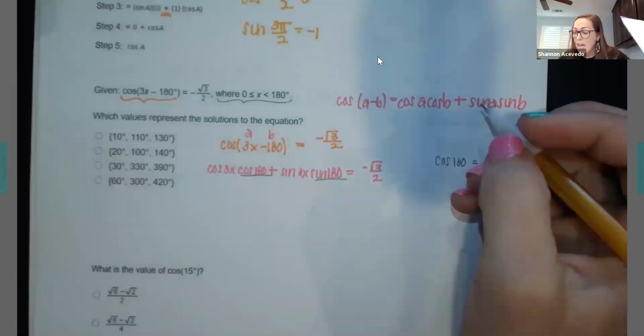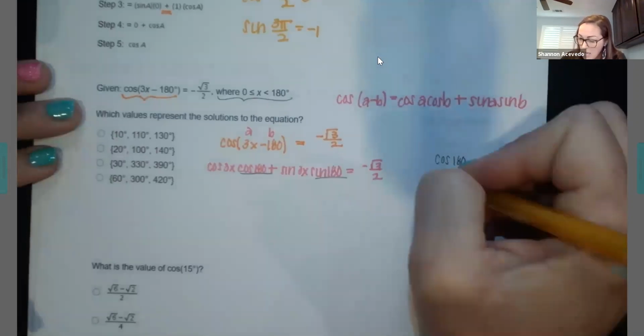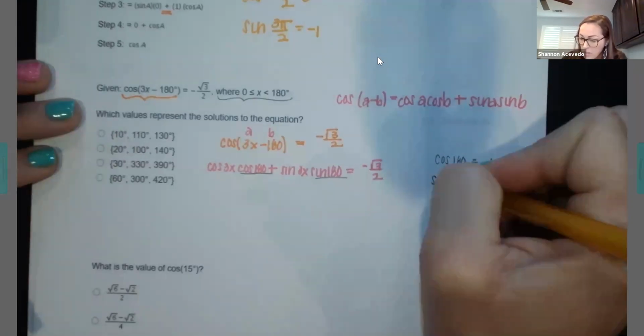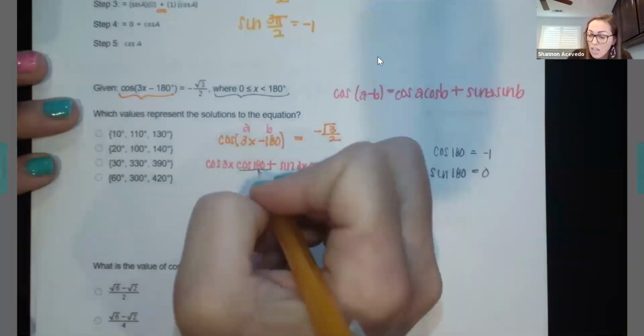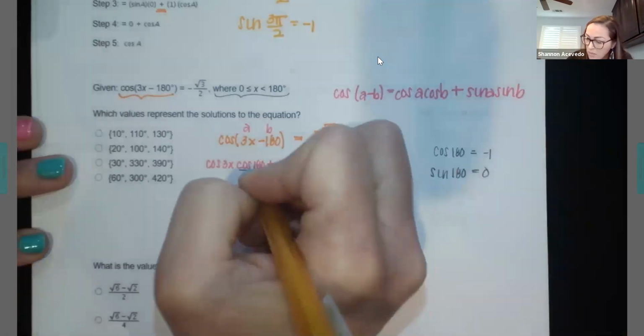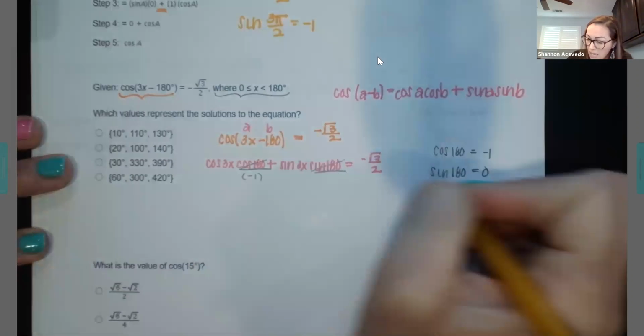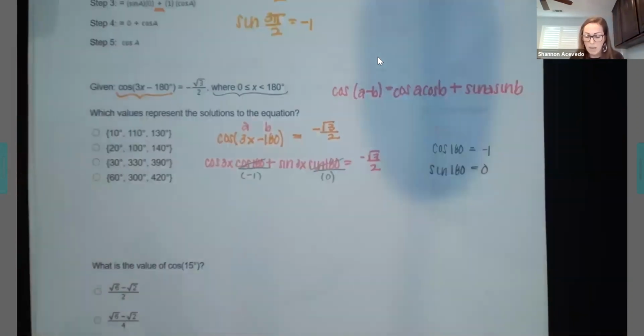So this value is going to be -1, and sine of 180 is going to be 0. I could just substitute those in, so I combine that all in one step.